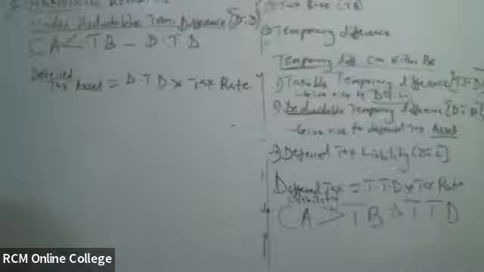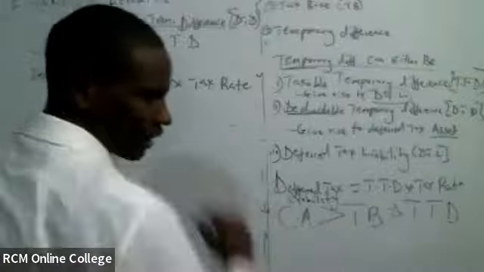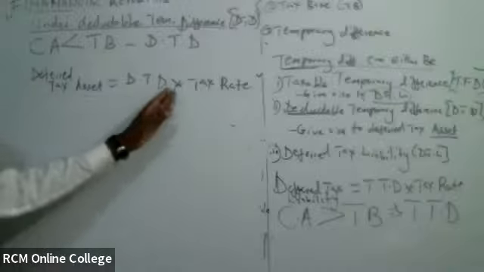Less than, left; greater than, right hand. So to get that deferred tax asset, it is given like that.